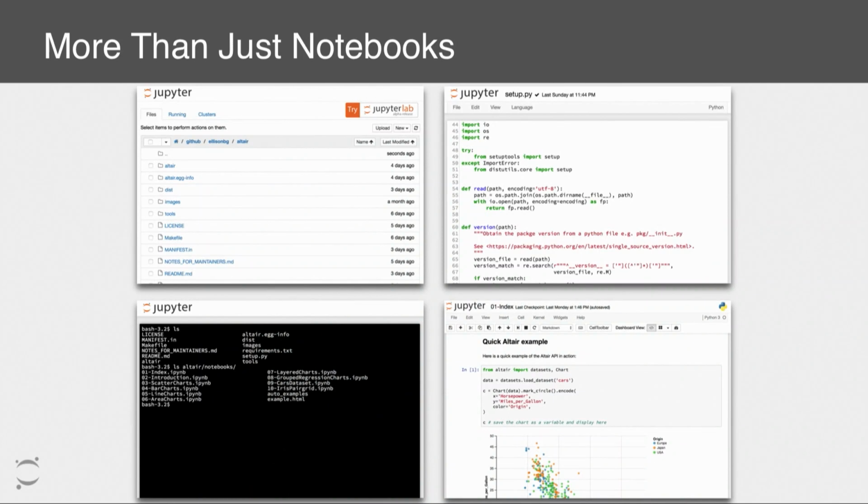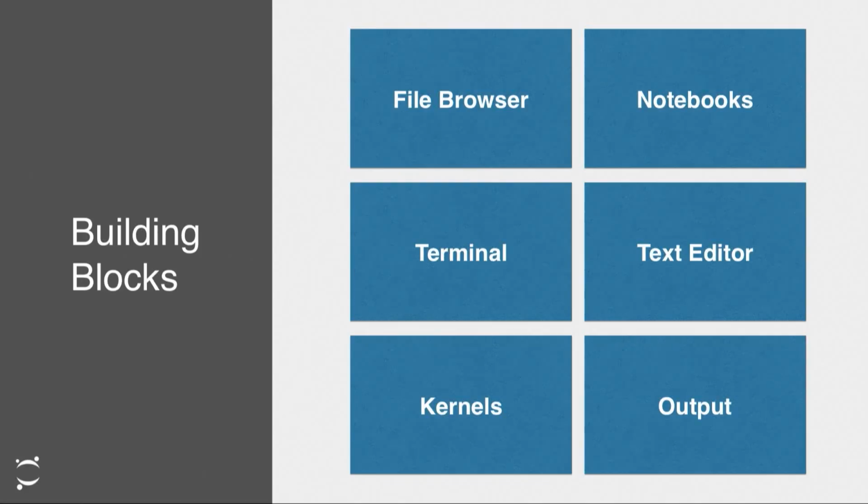But more than just notebooks, as I said earlier, Jupyter is a set of tools that work well together, implement the same protocols and file formats, and comprise the notebook that you've seen earlier, a file explorer, a text editor, a console, all of these tools that are useful and necessary in the day-to-day life of a research engineer.